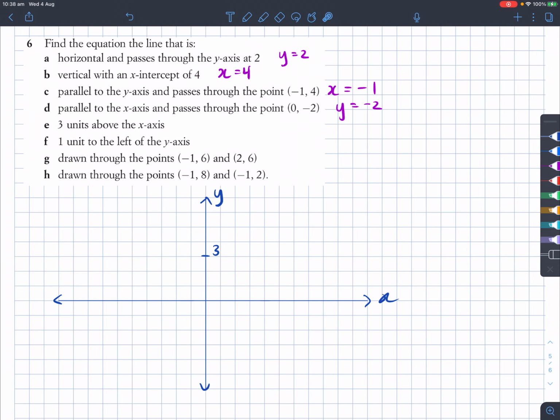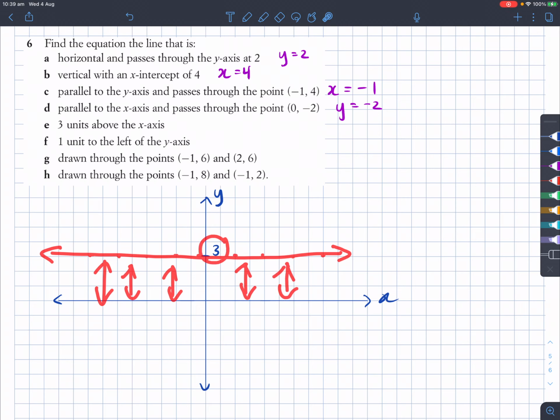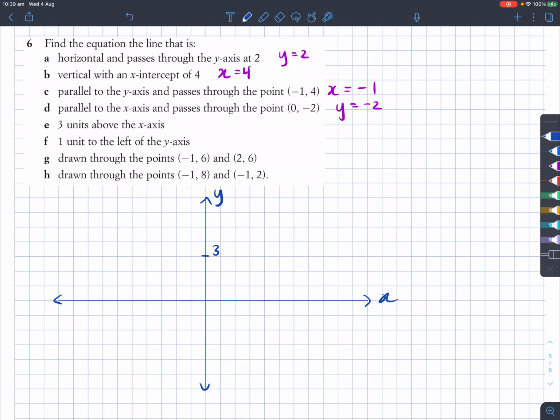Okay, if I just draw more and more dots like that, and then I just join them up to make a straight line. Okay, all of these are 3 units above the x-axis. So what do you call this if it passes through a y value of 3? It is just called y equals 3.